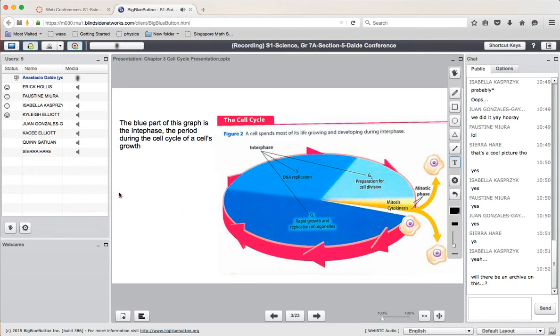All right, and then the yellow part is called the mitotic phase.